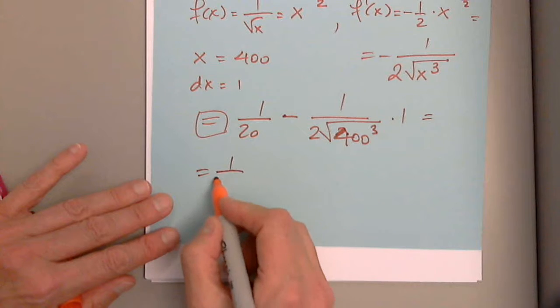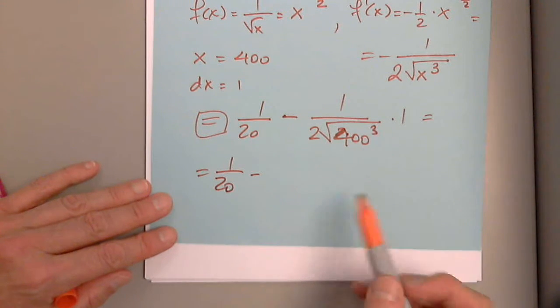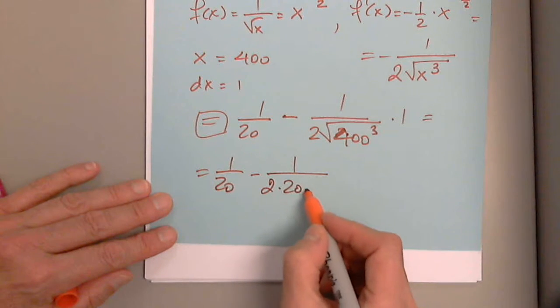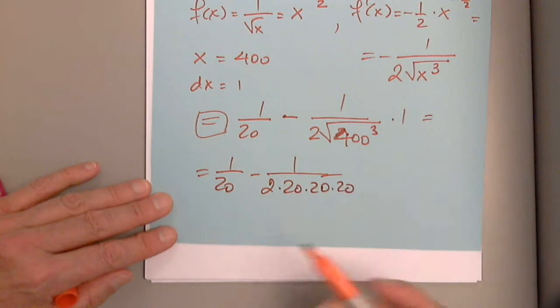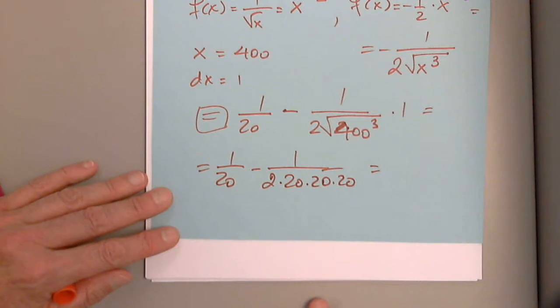So this will be 1 over 20 minus, the square root of 400 is 20, so 1 times 2 times 20 times 20 times 20, or just write 20 to the third, of course. Times 1, there is no need.